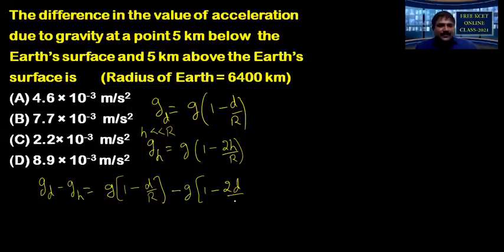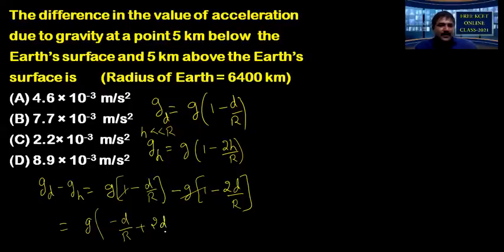Here for cancellation purpose I am writing like this, so it is R, so that steps become lesser. Okay, now what happens, this 1 and this 1 cancel, 1 minus 1 cancel. Then I am left with G outside, and inside it is minus D by R plus, minus of minus 2D by R is there. So minus of minus is plus.